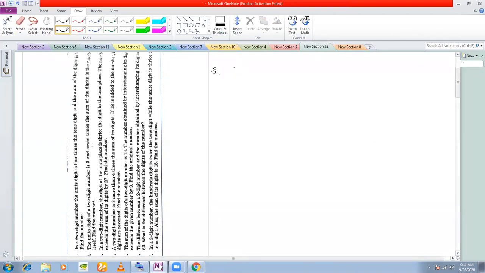So since the units digit is related to the tens place, I assume, let the tens place digit in the 2-digit number be x.